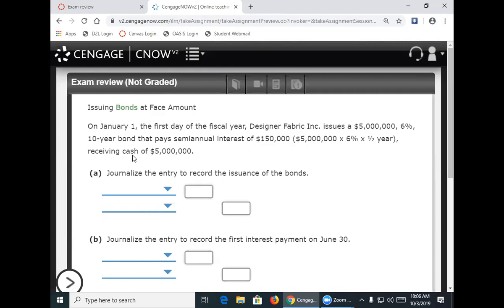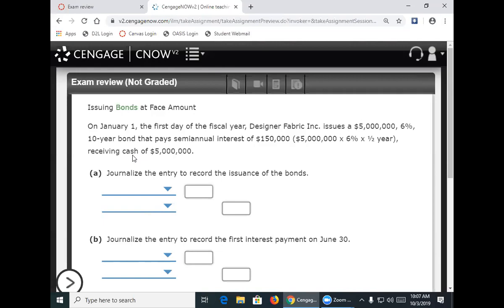So the straight line amortization of a bond means that our interest expense is the same every year over the life of the bond. It's a lot of words, right? All that means is the interest expense is the same every year over the life of the bond.